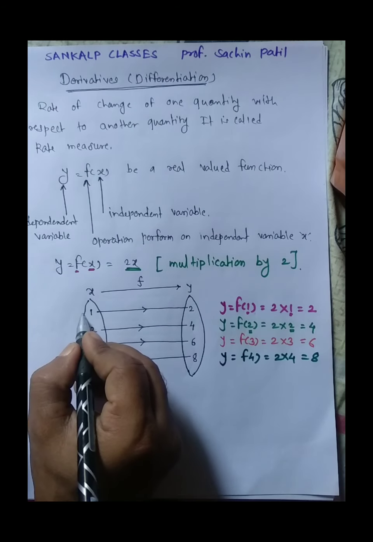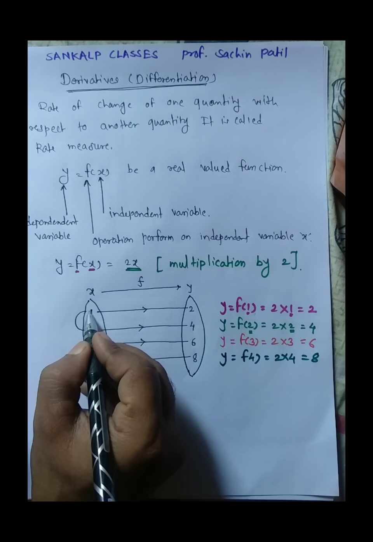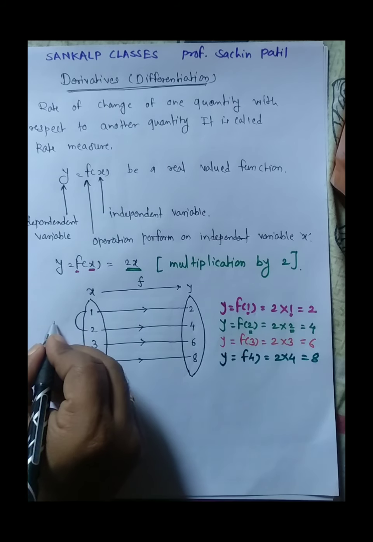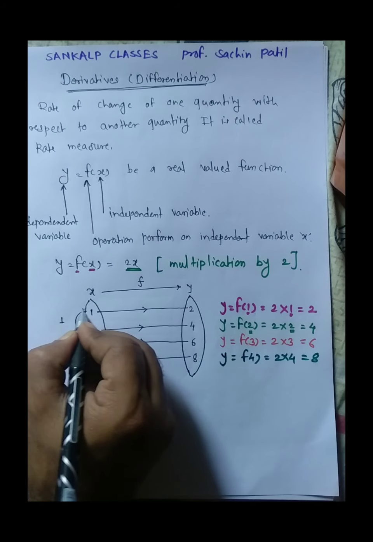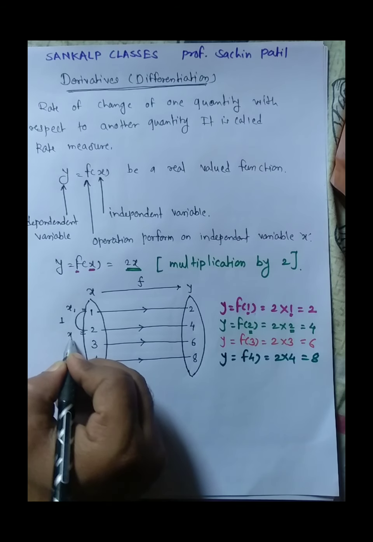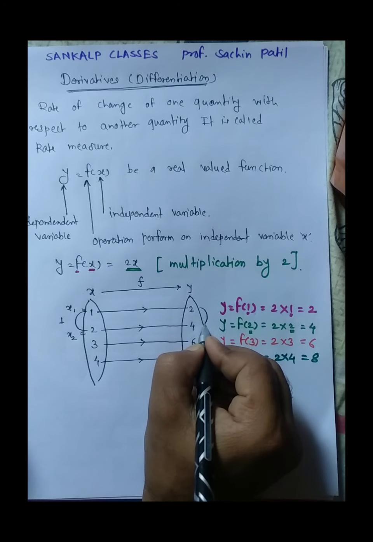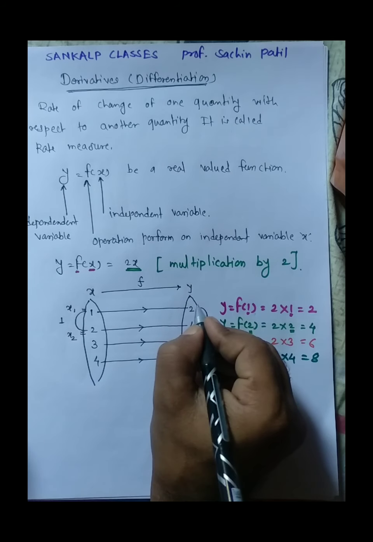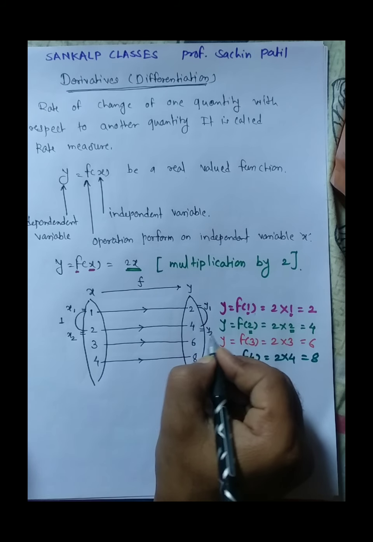That means if the value of x changes, here the change in x is nothing but 1. Here this first value is considered as x1 and this second value is considered as x2. At that time you will get the value of y also changes. This first value of y is y1 and this second value is y2.